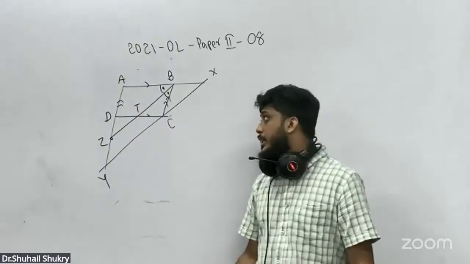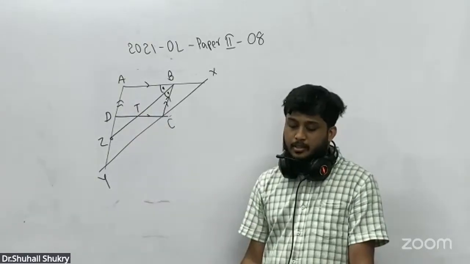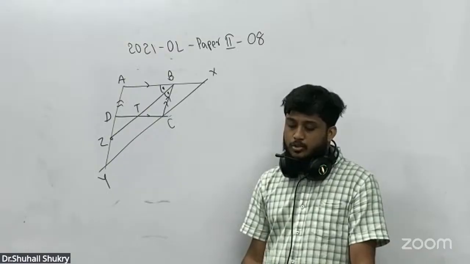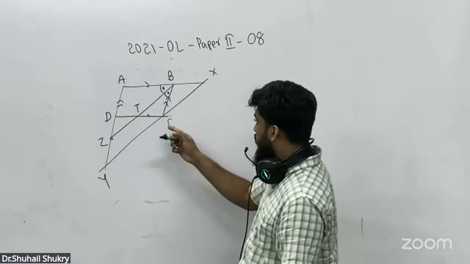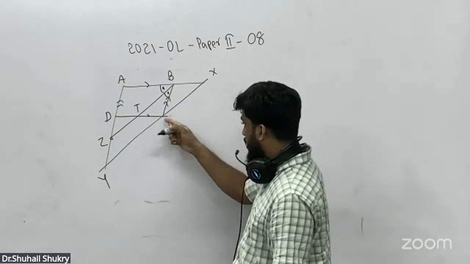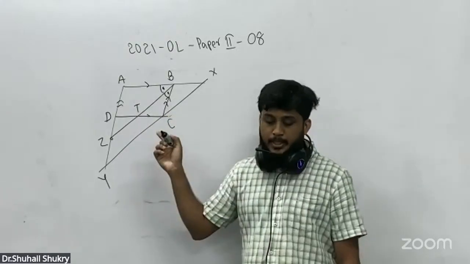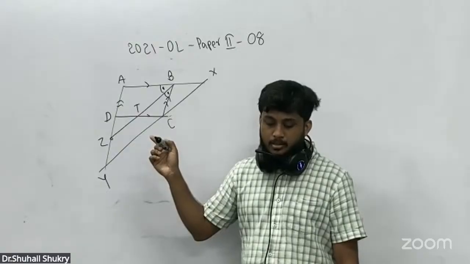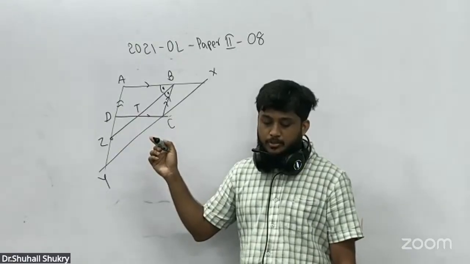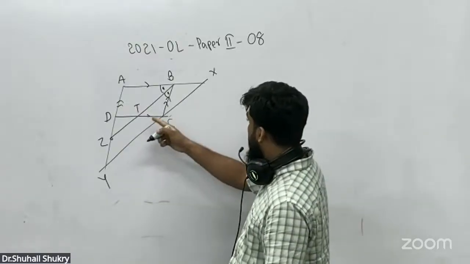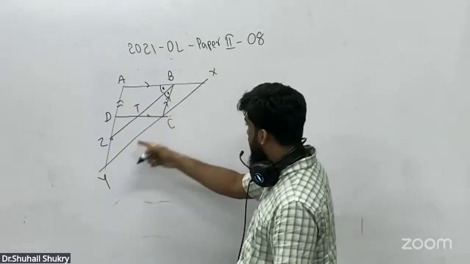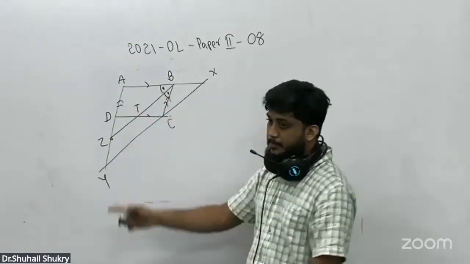It meets CD at T. The straight line drawn through C parallel to BT. Where is BT? This one. So this is a straight line drawn parallel to BT.